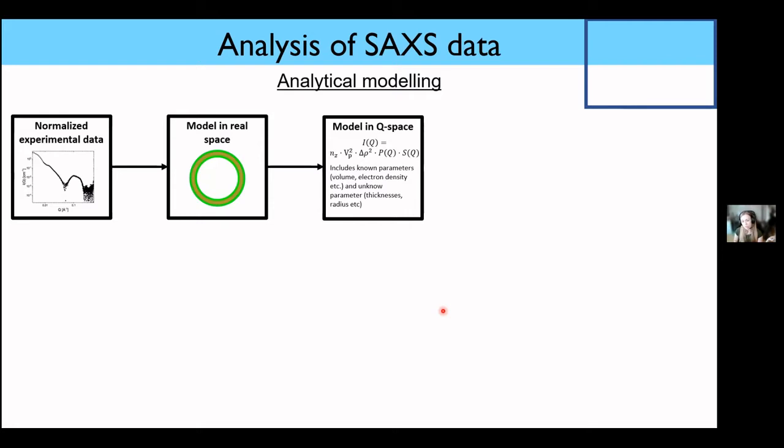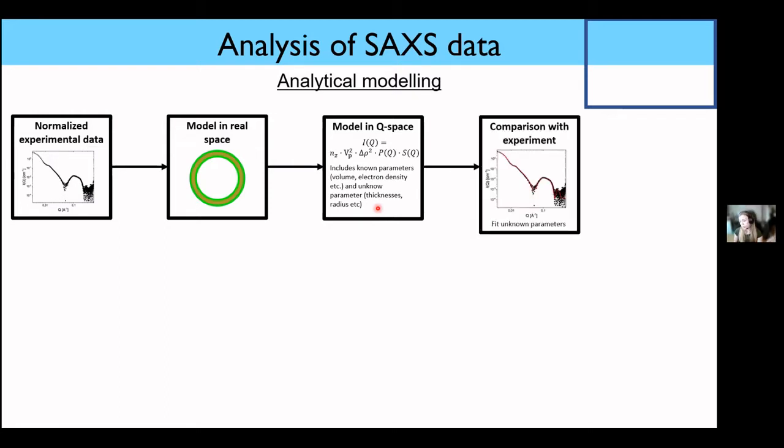And this will then give us an expression for this one-dimensional curve, which will include both known parameters, such as the molecular volume of your molecules, the electron density of your molecules, the concentration, etc. And also these unknown parameters, such as in the case of a vesicle, the radius, the thicknesses of the bilayer, etc. And these unknown parameters you will then fit to the experimental curve.